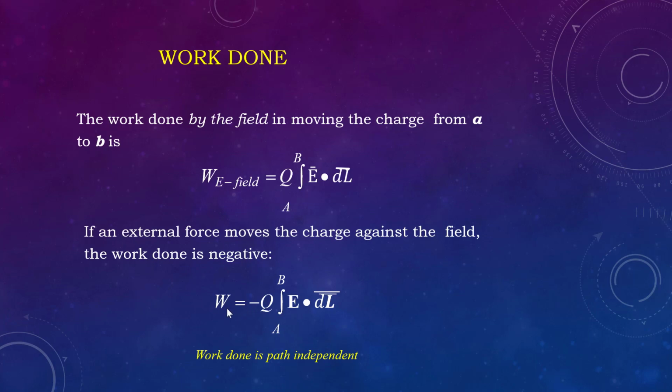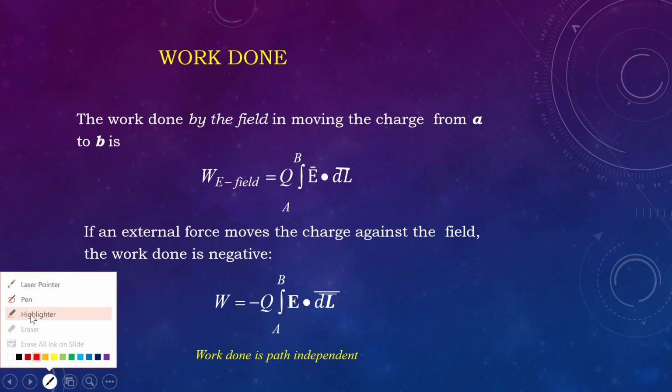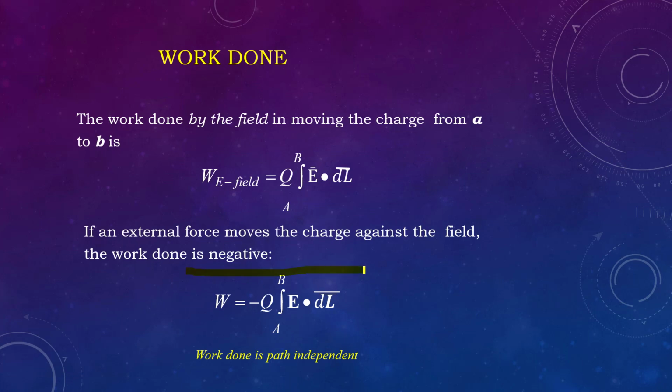So W in our case is minus Q integration from A to B E bar dot dl bar. This work done is our final equation. Now it is said that work done is path independent.